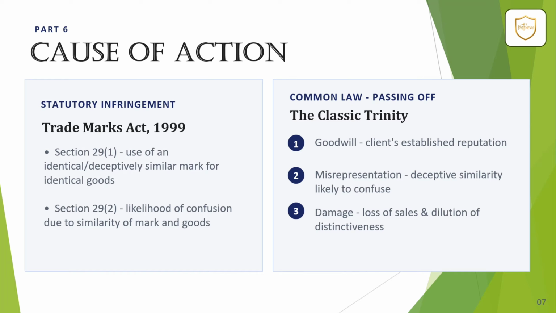Why do we plead both together? Because passing off protects you even in a situation where a pure infringement argument might have gaps, for example, a dispute over classification or use outside the exact registered class. So you always plead both.